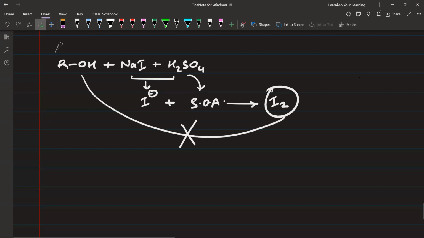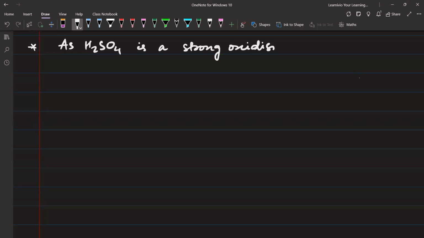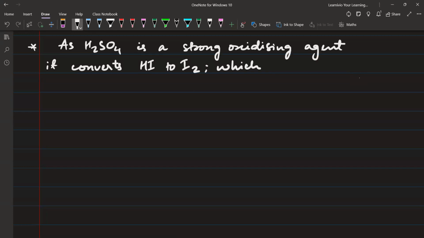So how are we going to write this down and what are we going to use instead of H2SO4? So please write: as H2SO4 is a strong oxidizing agent, it converts hydrogen iodide to I2, which doesn't react with alcohol.